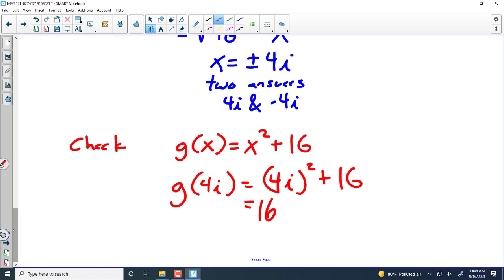What's i squared? Negative 1. 16 times negative 1 plus 16 is what? 0. There's two numbers, negative 4i and plus 4i, that will make this thing equal 0. It just happens we need to bend the rules a little bit, and that number is a number that when squared gives you a negative result.